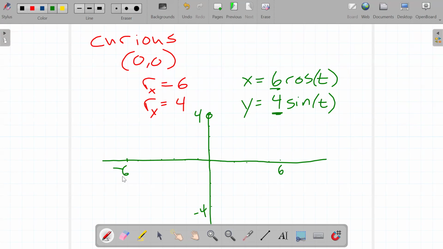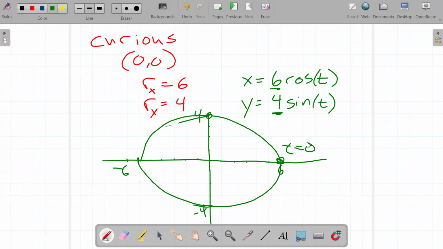I should get something that's not quite circular, oval-ish. Looks like I miscounted in one direction. 3, 5, oops, 6 is supposed to be there. So more like that. And I think this right here is where t will be 0 and it will trace in a counterclockwise direction. All right, let's give it a try.